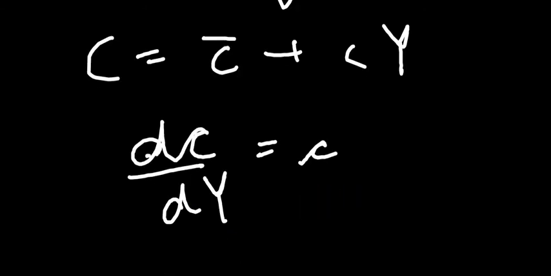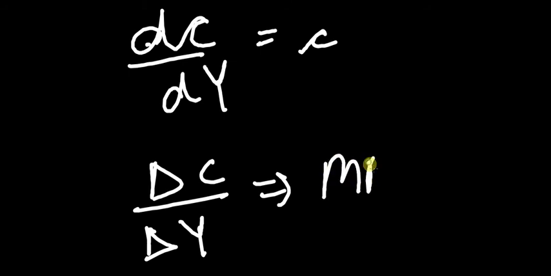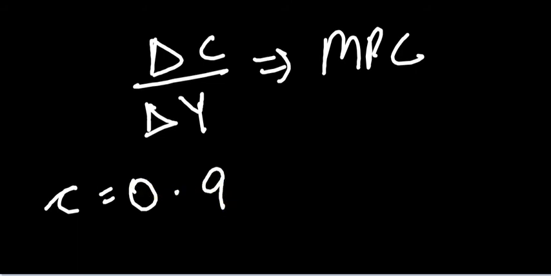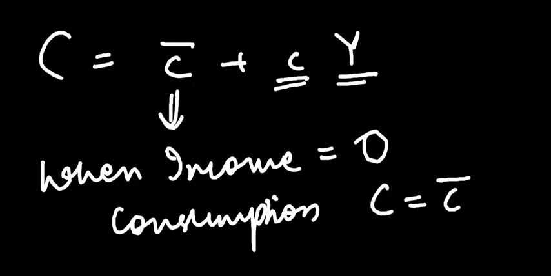So small c tells you how your consumption changes when your income changes. If my small c is 0.9, then when income increases by $1, consumption will increase by $0.9.